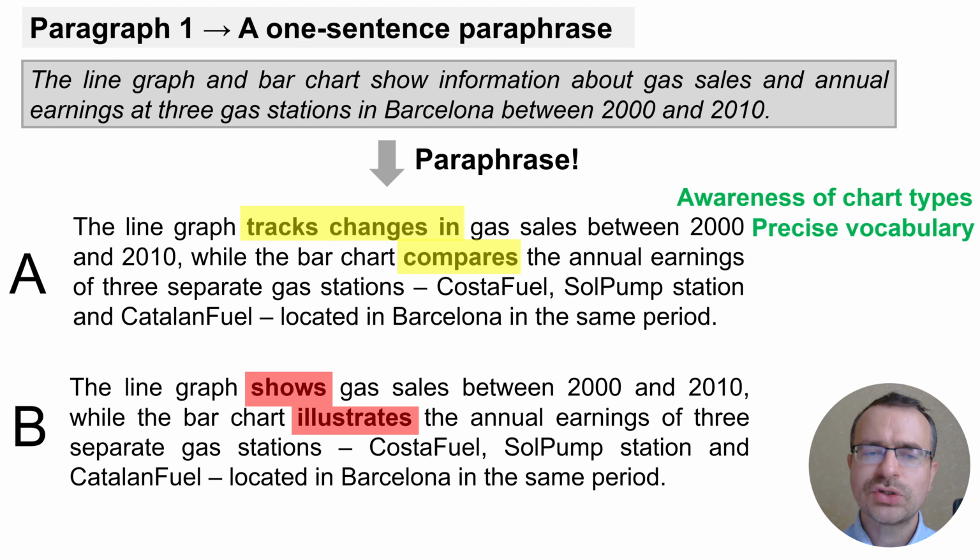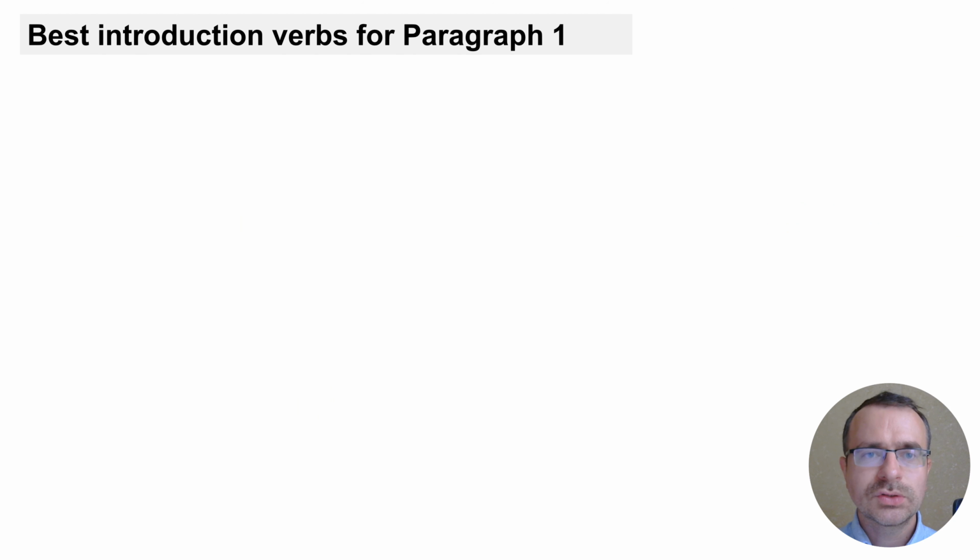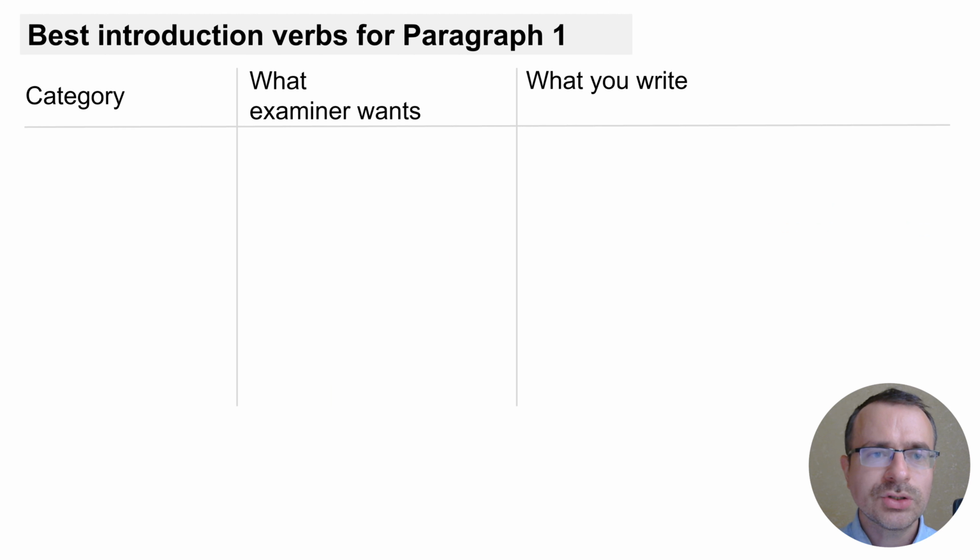This person uses precise vocabulary, because tracks is about time, compares is about showing the difference. And of course, in this case, you will get many more points for the lexical resource, because you show that you know exactly this chart. I know the vocabulary.